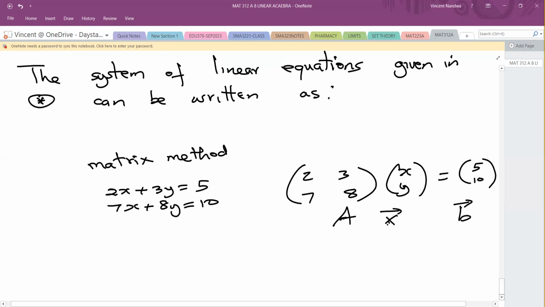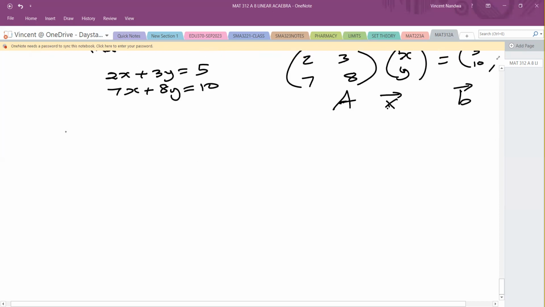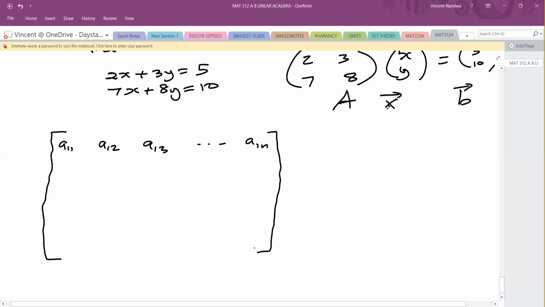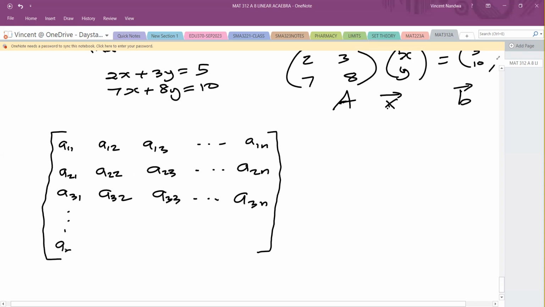So we can write system star in matrix form as A11, A12, A13, all the way up to A1n, then A21, A22, A23, all the way up to A2n, A31, A32, A33, all the way up to A3n, up to Am1, Am2, Am3, all the way up to Amn.